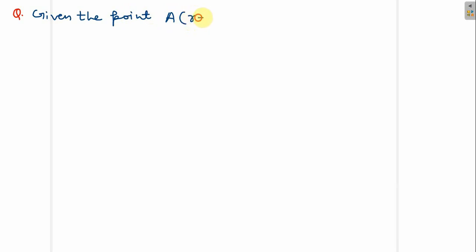So definitely we have the value of r equal to 4, theta equals to 25 degree, and phi equals to 120 degree. So this A vector is given in a spherical coordinate system.